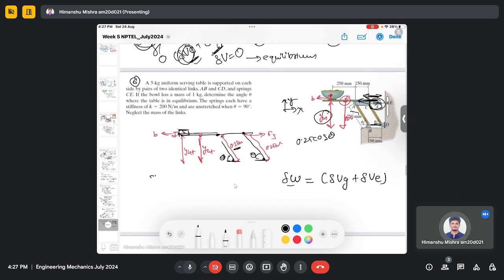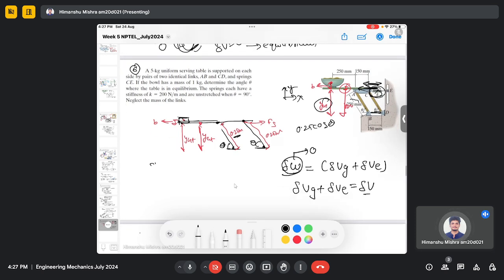In this problem, since we have been given only the weight as well as the spring force, there are no non-potential forces. So the contribution from the left hand side should be zero, and we can write potential energy from gravity plus potential energy from the spring as the total potential energy.